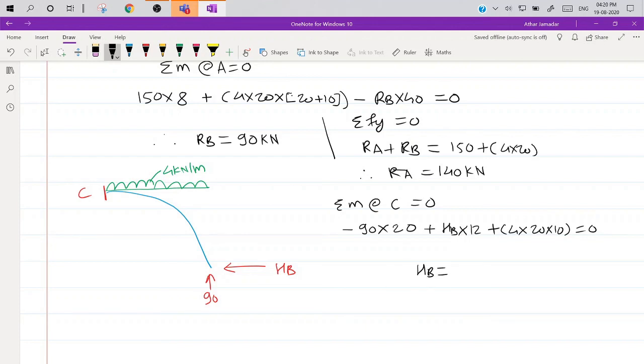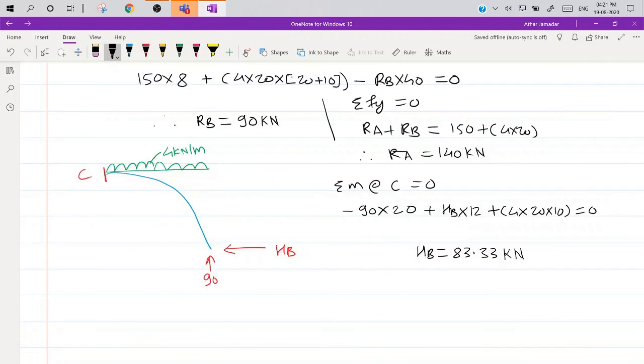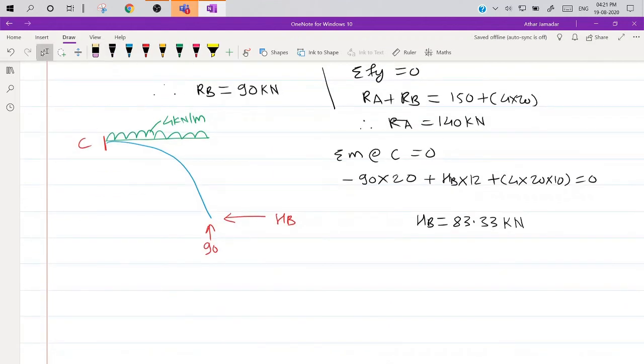If you solve this, you are going to get Hb is equal to 83.33. The last part in this problem is to find the Ha value. For that, if you take summation of Fx is equal to 0, Ha will be equal to Hb. So finally you get Ha is also equal to 83.33 kilonewton.